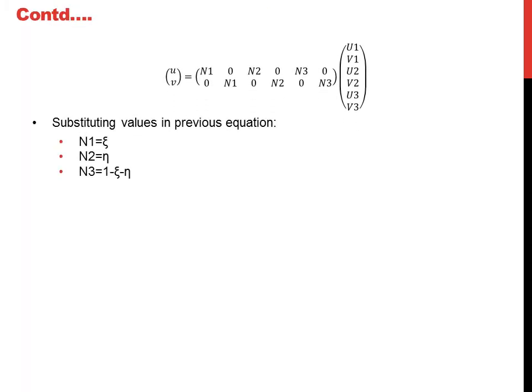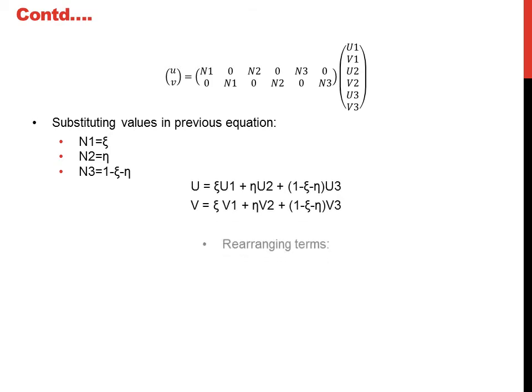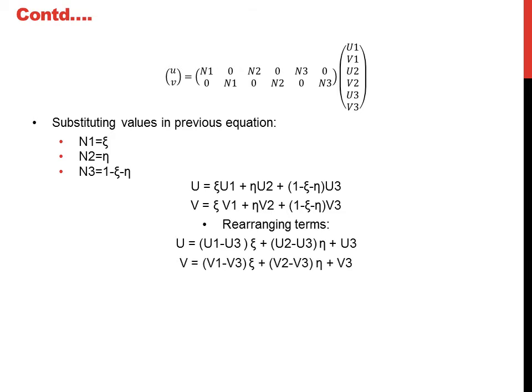Next, substituting the values of n1, n2, n3 as zeta, eta and 1 minus zeta minus eta respectively in the previous equation, and rearranging the terms, you will get U is equal to u1 minus u3 into zeta plus u2 minus u3 into eta plus u3. Also V is equal to v1 minus v3 into zeta plus v2 minus v3 into eta plus v3.